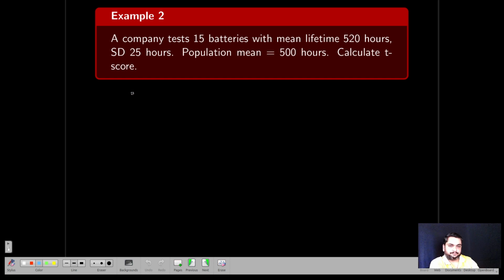Same example. n equal to 15. Mean lifetime, that means x bar, is 520. Standard deviation s equal to 25. Population mean is equal to 500.